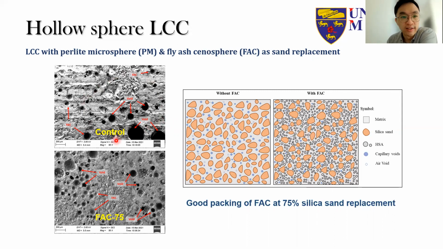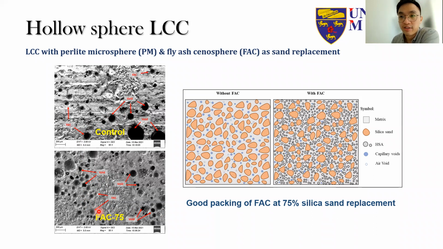We can also see from the SEM images, without any fly ash cenosphere, the sizes of the voids are rather large. But when we included the fly ash cenosphere, some of the voids are filled up with the fly ash cenosphere itself. All right, and because of this, the water absorption is reduced.